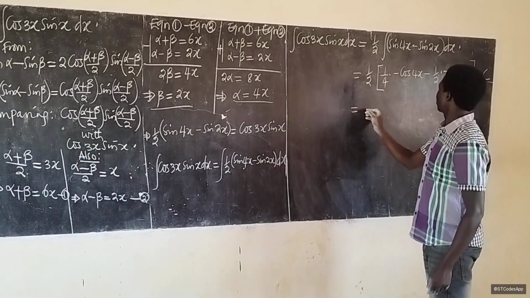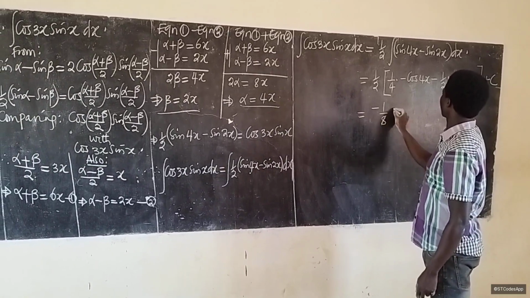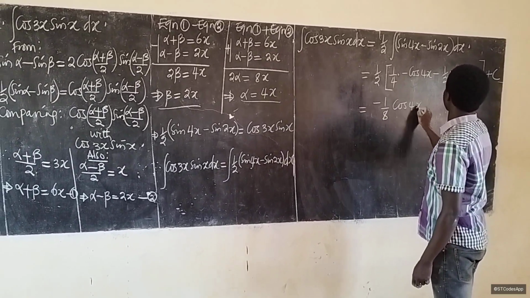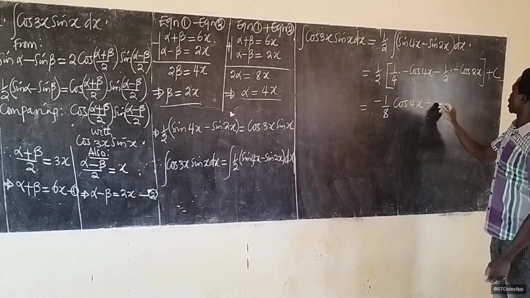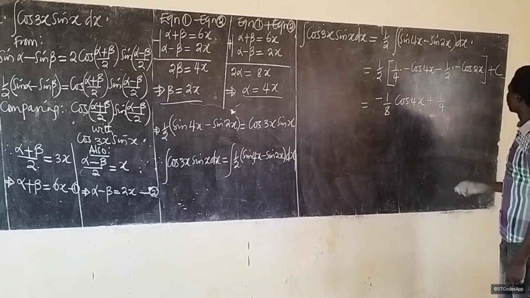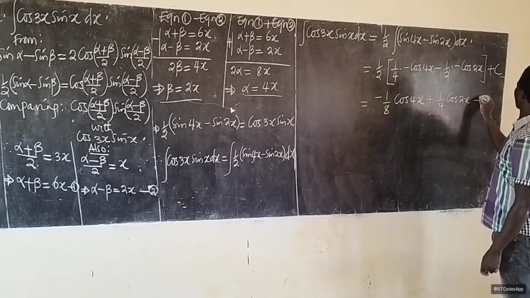So this one becomes negative 1 out of 8 cosine of 4x. Then this one becomes plus a quarter, 1 out of 4, cos of 2x plus c.